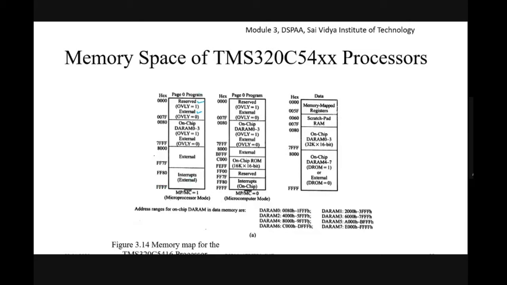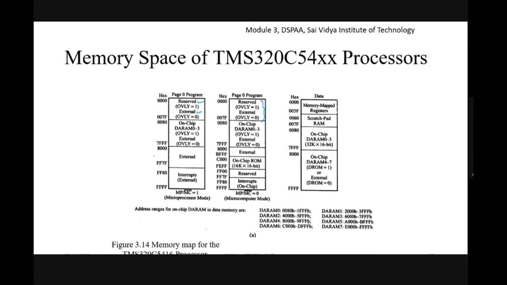Just observe one thing here. We have two modes: one is microprocessor mode and the other is microcomputer mode. In microprocessor mode, these are the details. In microcomputer mode, there is no change for the first region 0000 to 007F, and from 0080 to 7FFF also there is no change.